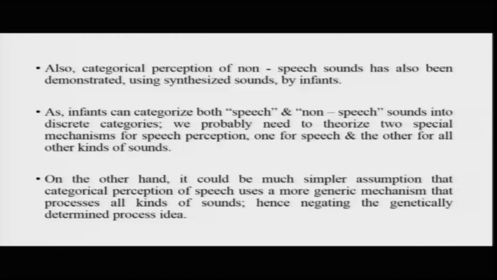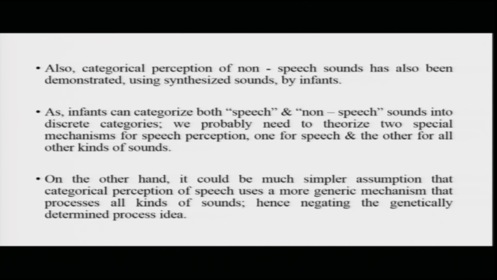One of the ways could be to say that children have two basic mechanisms, one for speech sounds, one for non-speech sounds, but that is a slightly more complicated way of doing this. However, a much simpler assumption could be that categorical perception of speech probably uses a very generic auditory perception mechanism that processes all kinds of sounds, and hence it negates the possibility of having a genetically determined processing mechanism.